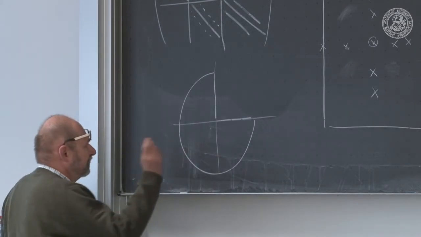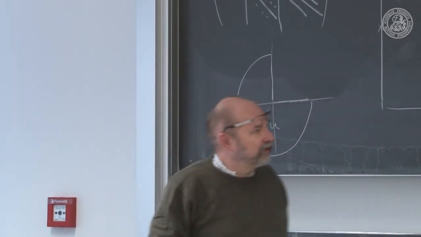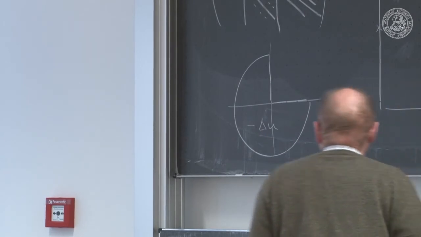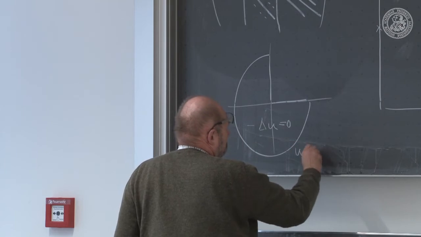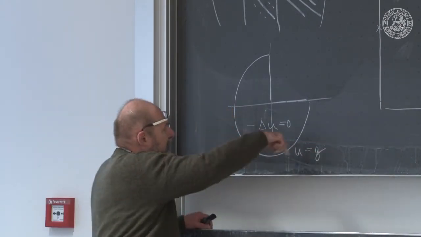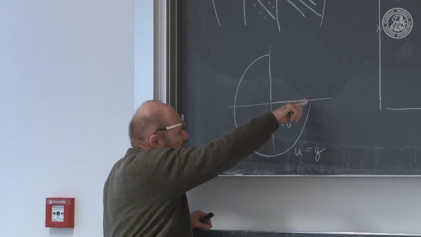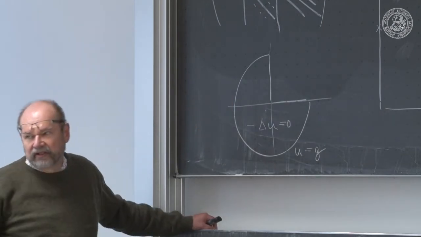I consider the Laplacian on this with right-hand side 0. Also a very nice function. And I have some Dirichlet boundary condition here. And of course, at these points there's no problem. The problem comes a little bit here, and in particular here with this re-entrant corner.